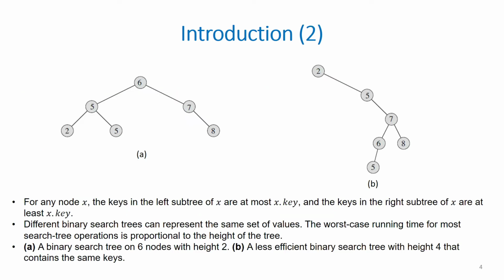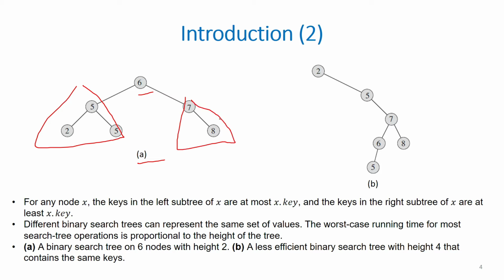Let's look at these two BSTs. For example, in A, if we select the node 6, we see that all keys in the left subtree of node 6 have values less than or equal to 6. Similarly, all keys in the right subtree have values that are at least 6.